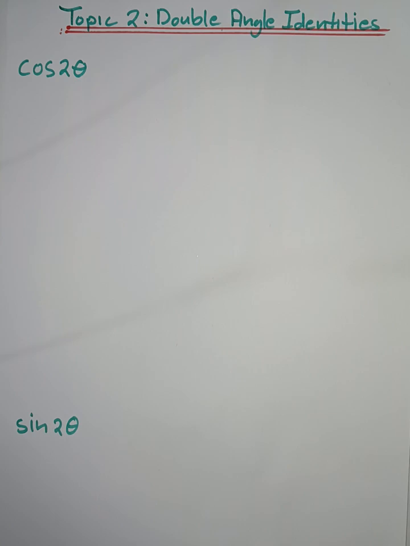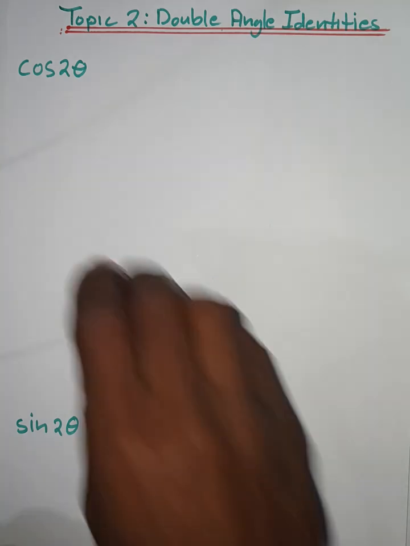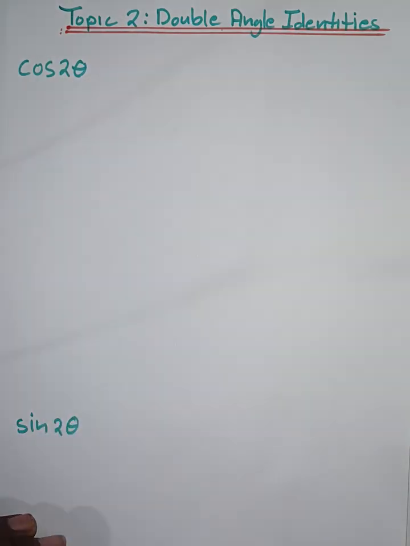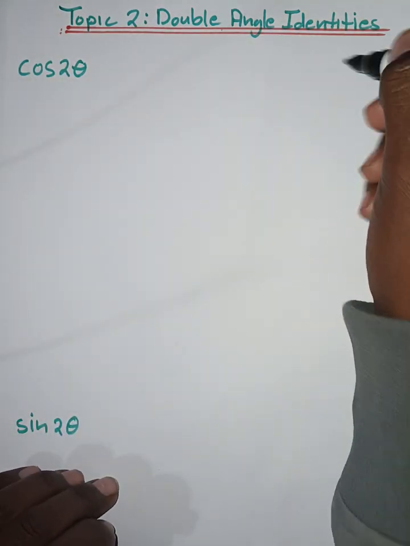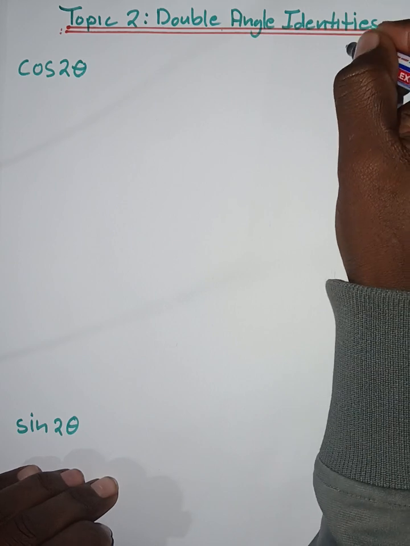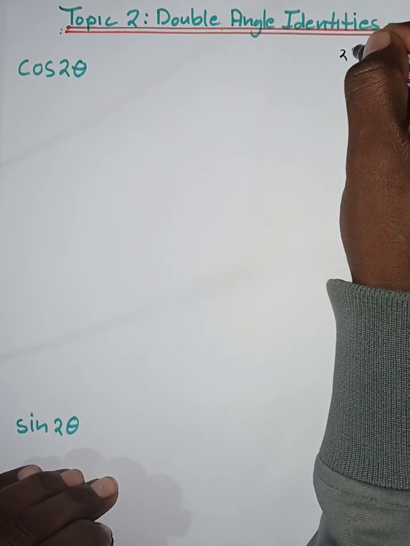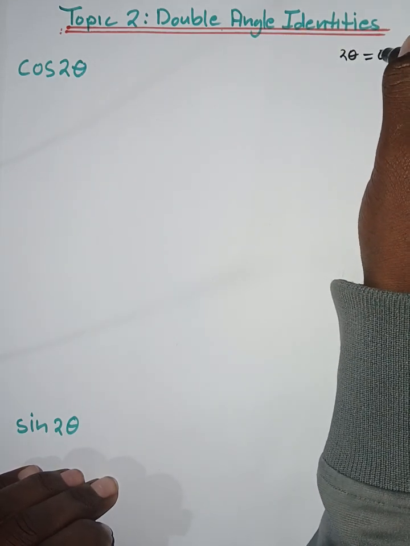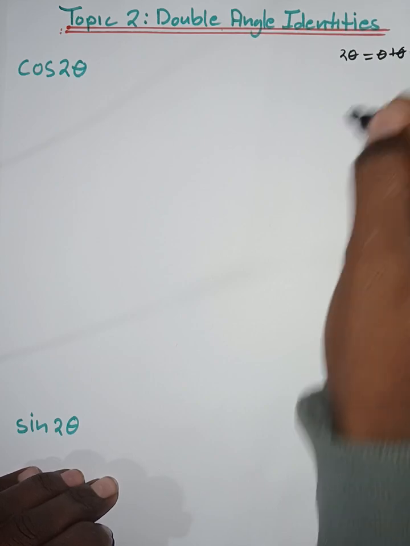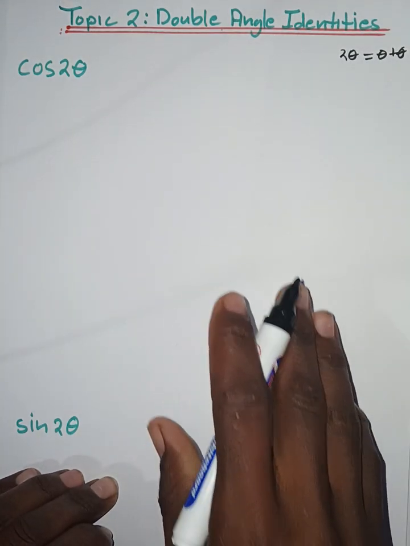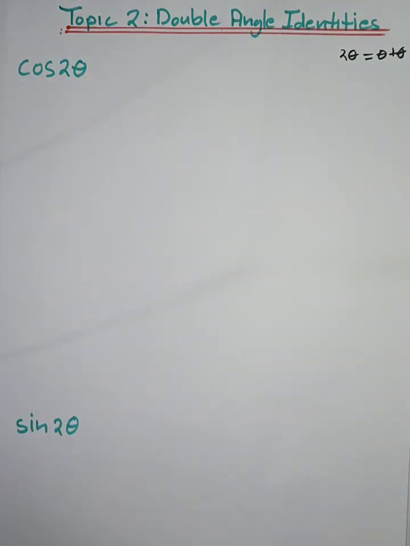So instead of writing 2 theta, we know that 2 theta can be rewritten as theta plus theta. That's how we were doing those identities on our last section, on the application. So that's what we are going to do here.